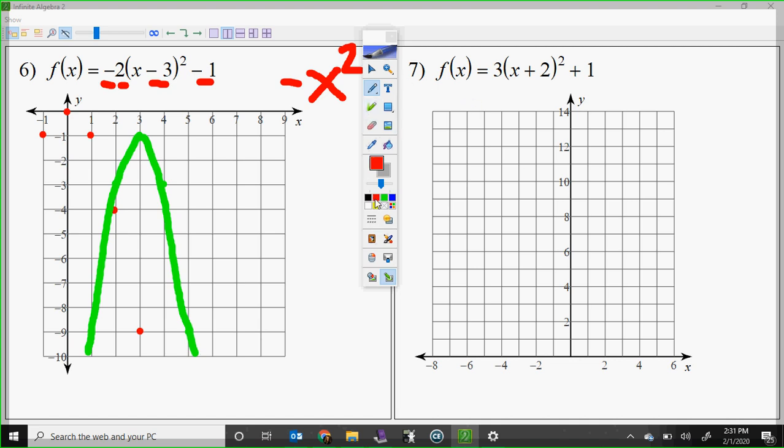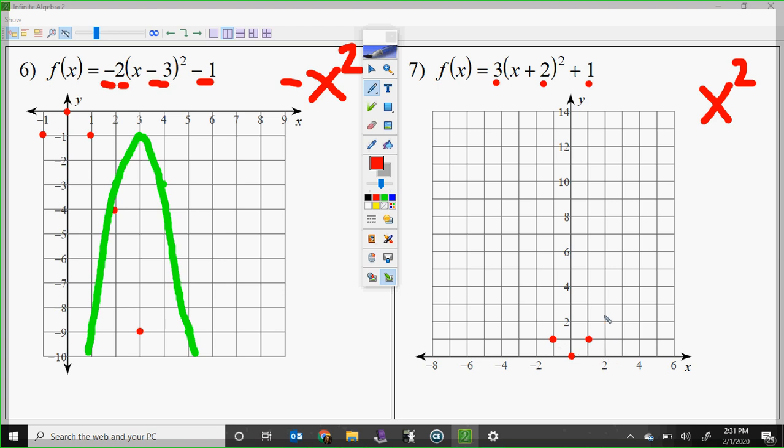If I come over here to number 7, number 7 only has 3 transformations. Vertical stretch by 3. We're going to go left 2 spaces and then up 1. And we're going to start off with x squared. What would x squared look like? Well, x squared is at 0, 0. Goes over 1, up 1 in both directions.